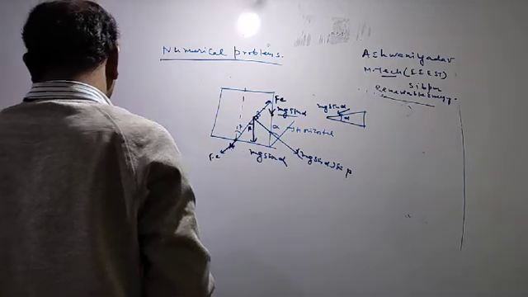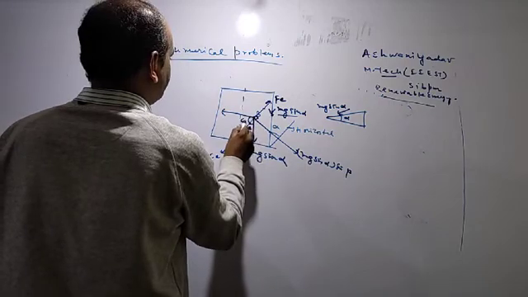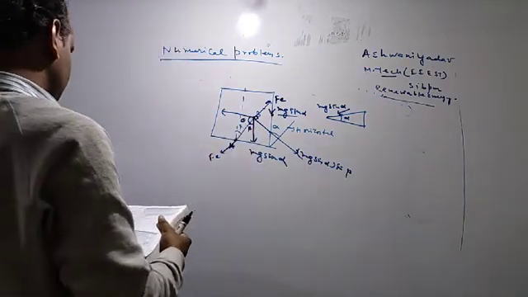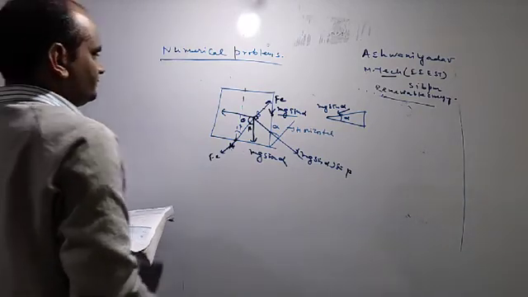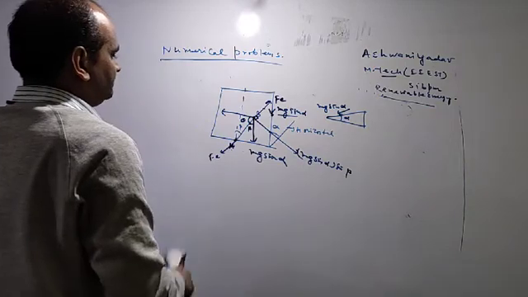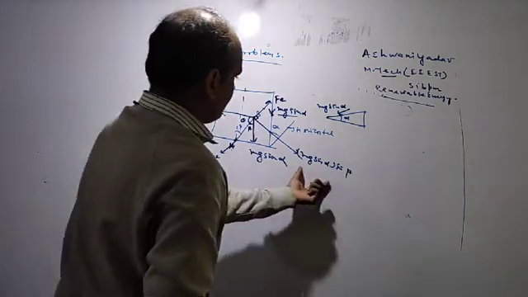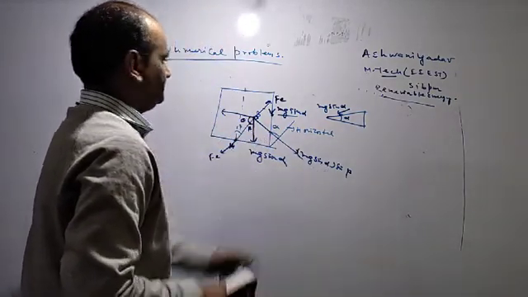But I don't know where the friction force is. Suppose this angle is theta, I don't know. But this force should be balanced if the point is in equilibrium.